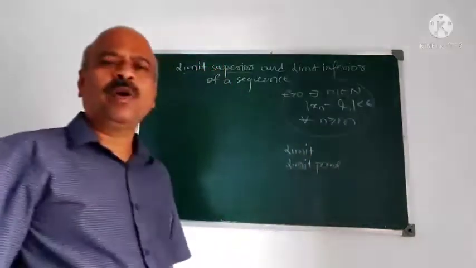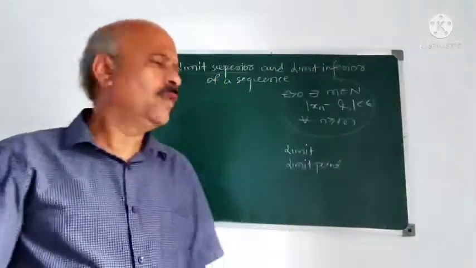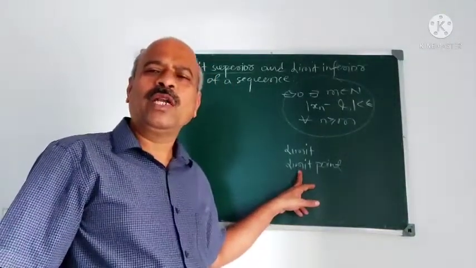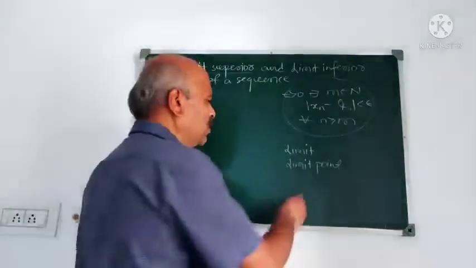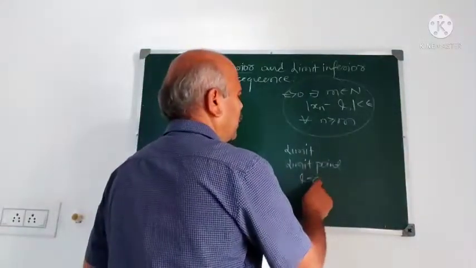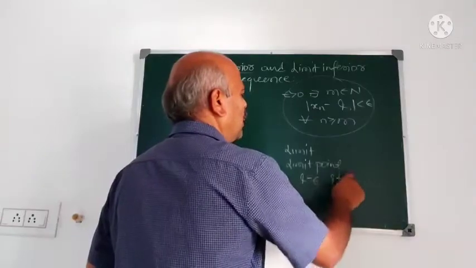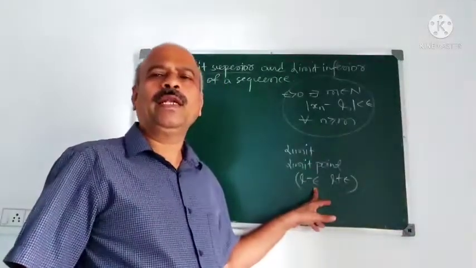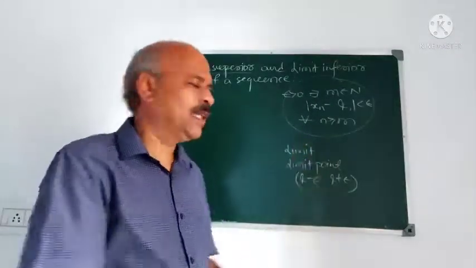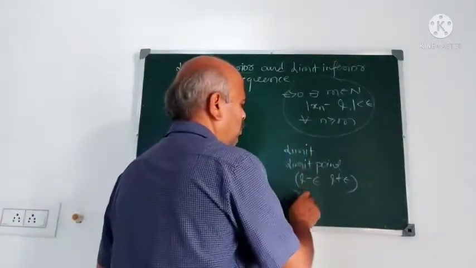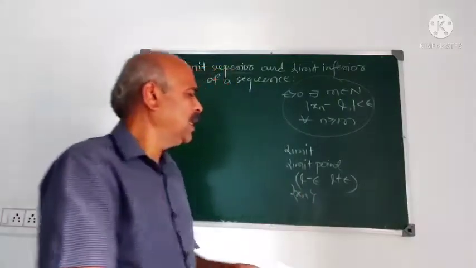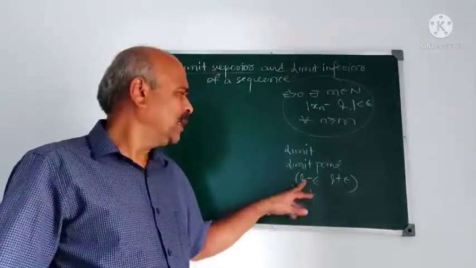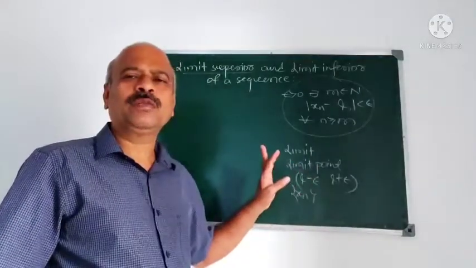I defined limit point also. When do you say that L is limit point of a sequence? If a small neighborhood of L contains infinite number of terms of the sequence xn, then we say that L is limit point of a sequence.